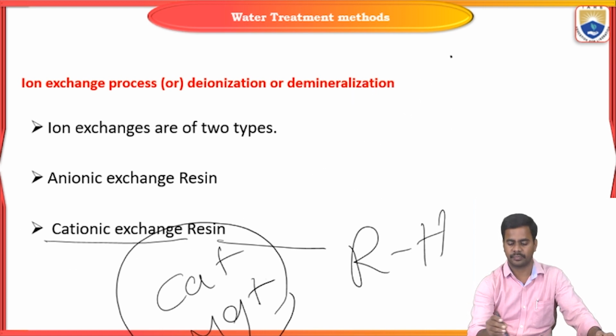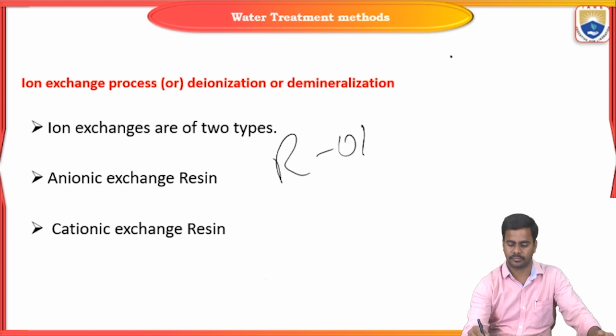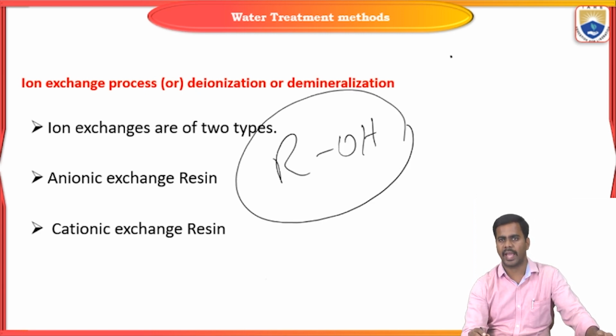Likewise, by using anionic exchange resin, that is ROH, this type of resin is able to exchange whatever anions cause hardness to the water.